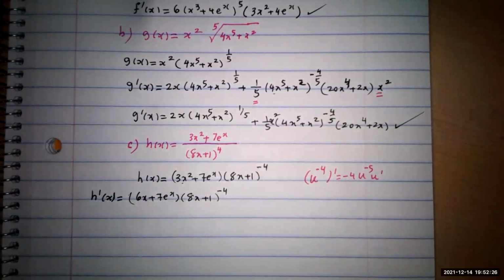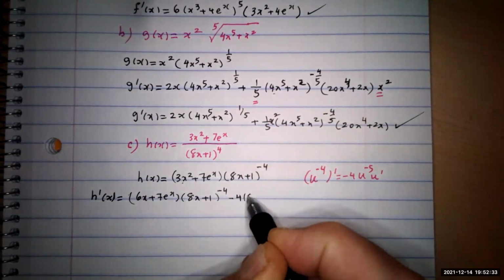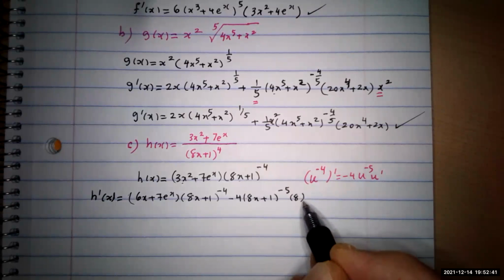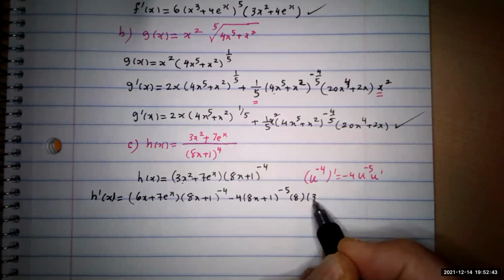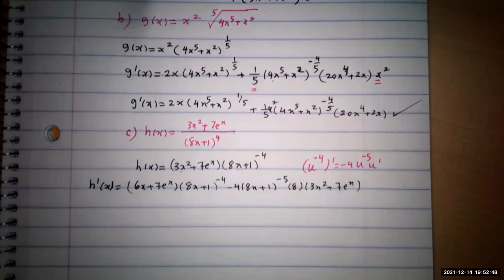This is the formula that you have to apply for the second part. So we repeat it: negative 4, (8x plus 1) to the negative 5 times u prime. U prime of the inside would be 8 only. But times it by the first one, 3x squared plus 7e to the x.